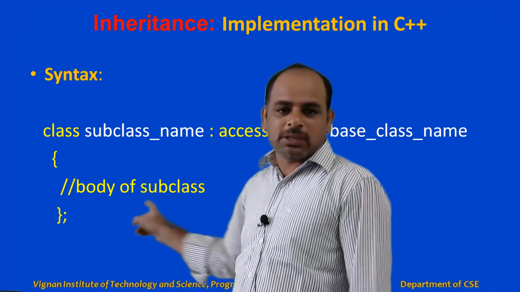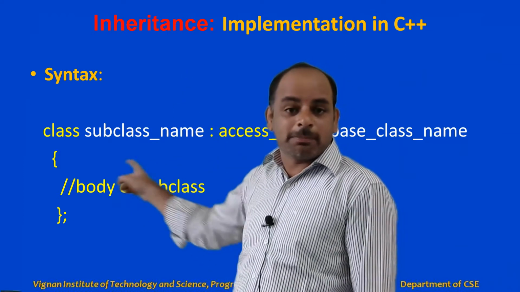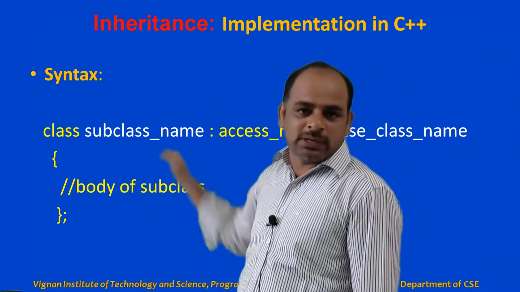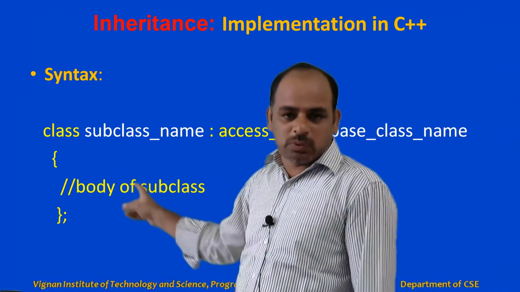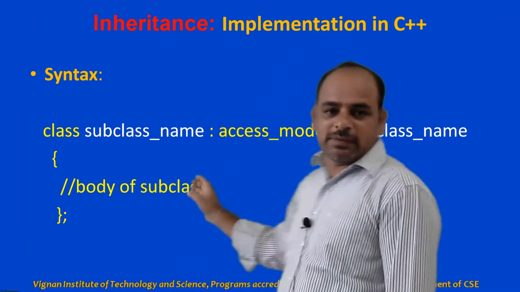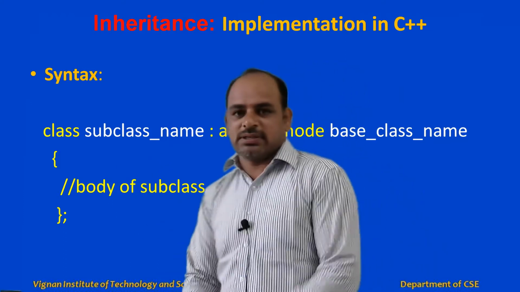Then this subclass will have properties of the base class as well as properties of its own, because it is deriving all the properties of the base class, and some new properties can also be added in this derived class.